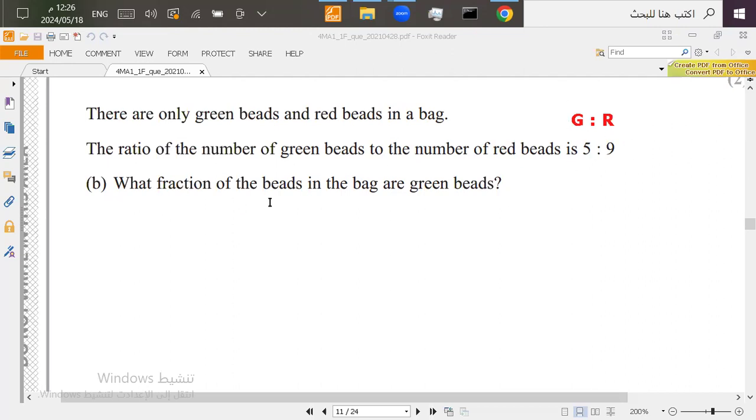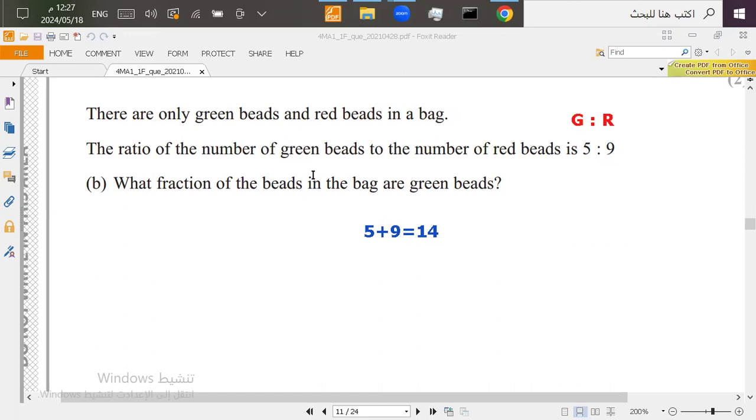What fraction of the beads in the bag are green beads? Now, we know that the ratio is 5 to 9. So we know the total number will be what? We'll be adding them together. So when I add them together, 5 plus 9 equals 14. So the total number of beads is 14.